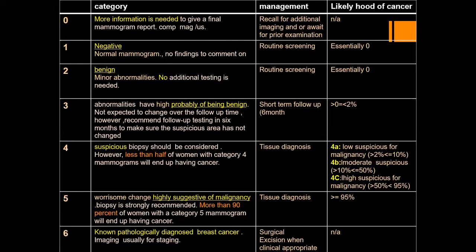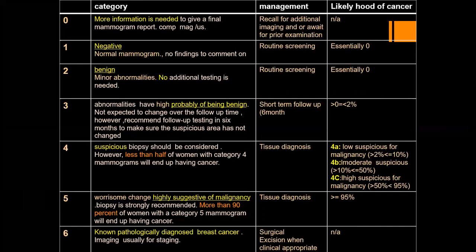While BIRADS 4 are suspicious findings, they need tissue diagnosis and are divided into three categories. And BIRADS 5 is highly suggestive of malignancy, with the same management as BIRADS 4, which is tissue diagnosis.